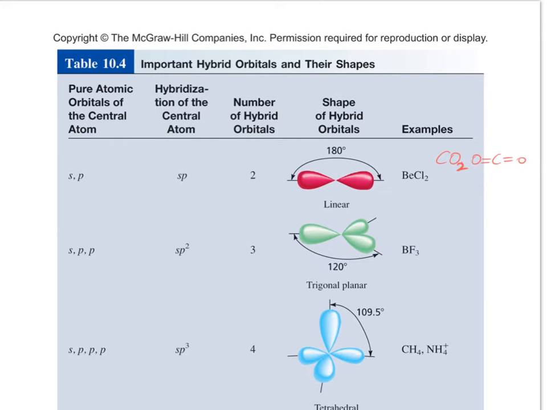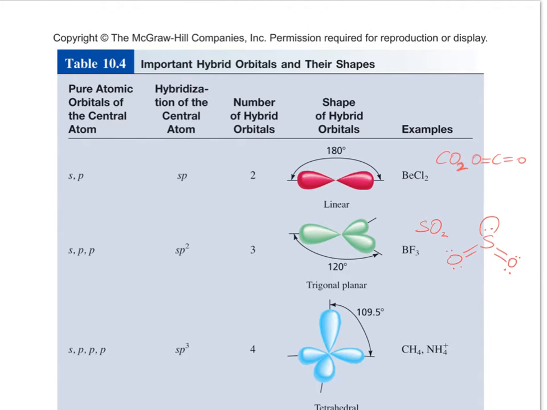But what if we have a molecule like sulfur dioxide? The Lewis structure of sulfur dioxide is: sulfur has a lone pair and forms a double bond with one oxygen and a double bond with another oxygen.